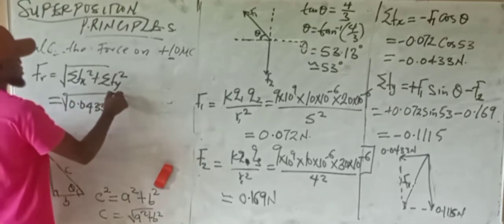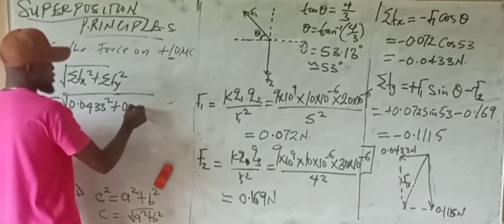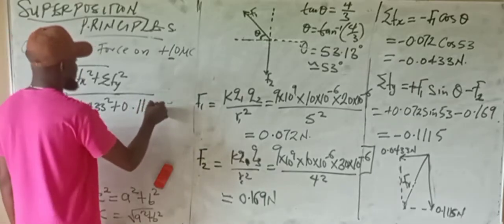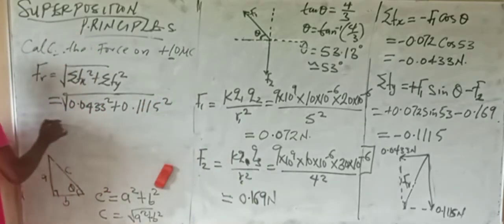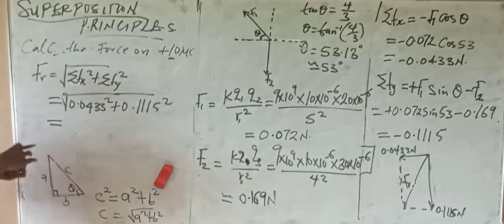So it's going to give us the square root of 0.0433 squared plus 0.1115 squared.